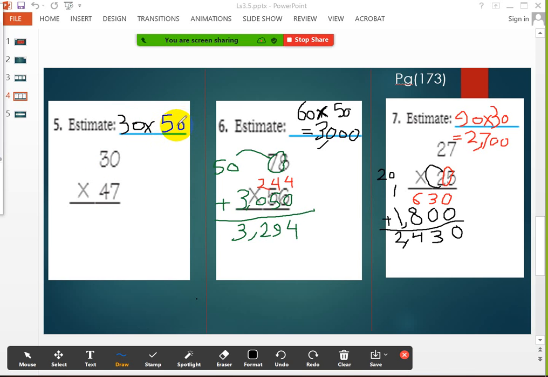And 30 multiply 50, it will be what? 3 multiply 5 equals 15. And I have to put 2 zeros next to the answer. So the estimate will be 1,500.